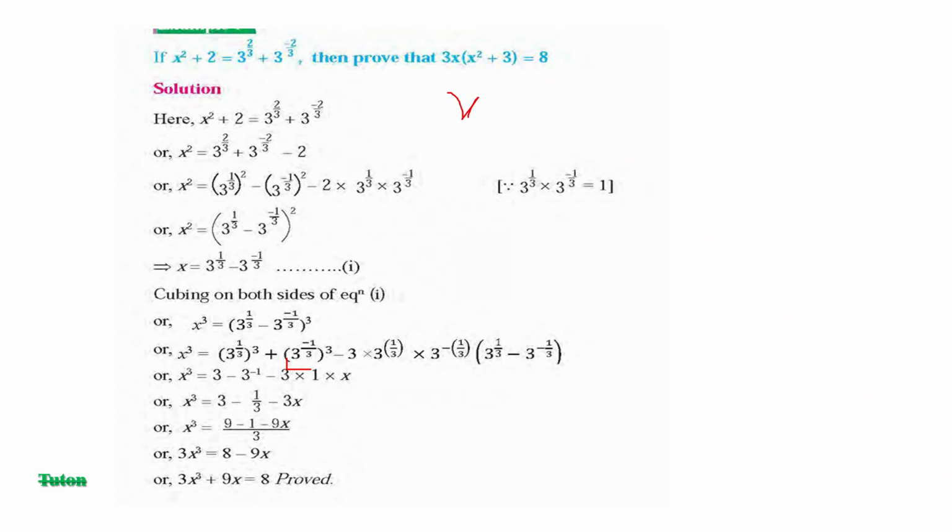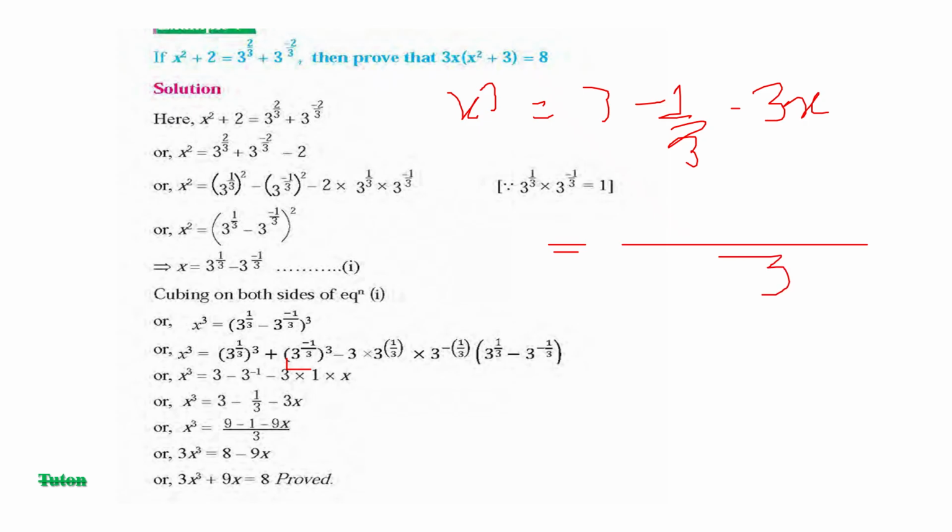Now we are left with this equation, x cube is equal to 3 minus 1/3 minus 3x. Now we have to simply apply the simple arithmetic operations and the logic of LCM. Here 3 would be our LCM. 3 multiplied by 3 would be 9. 3 divided by 3 would be 1.